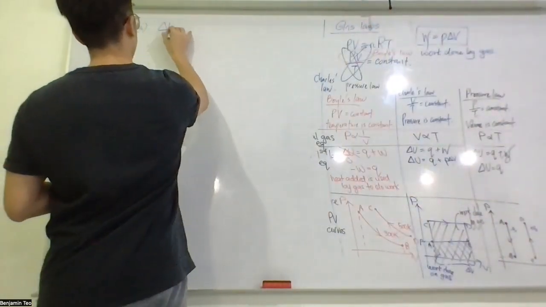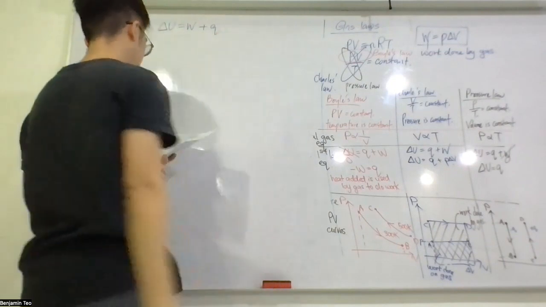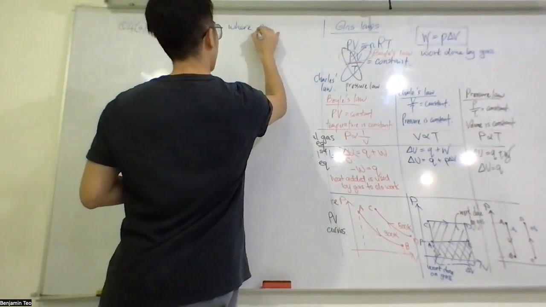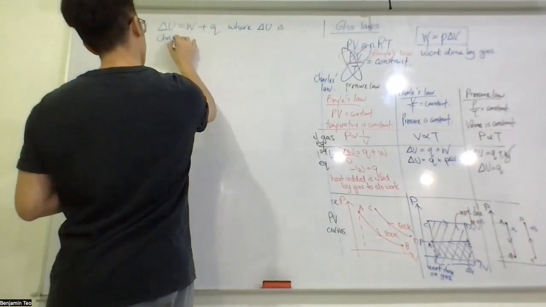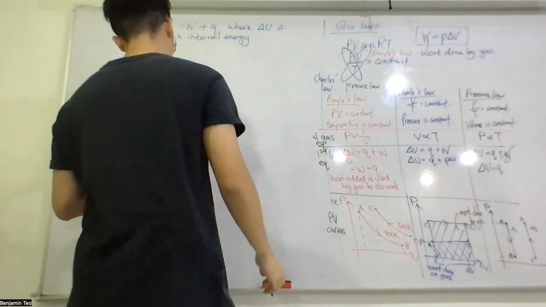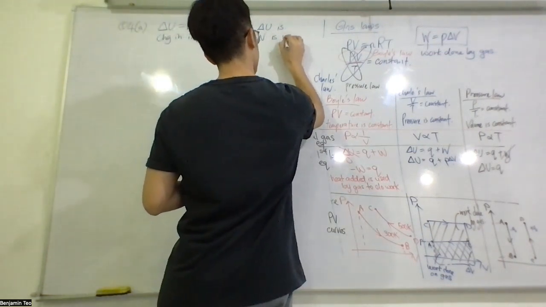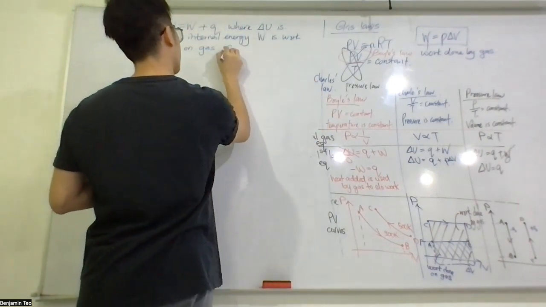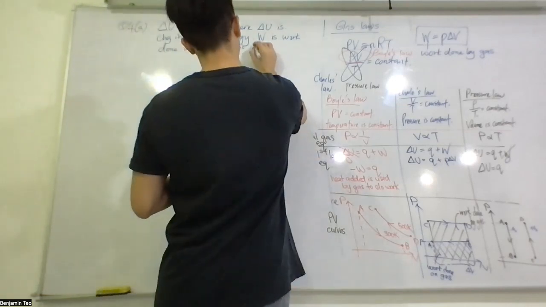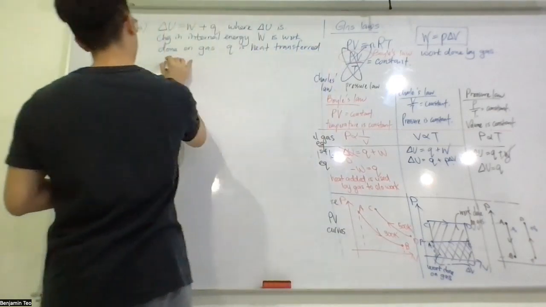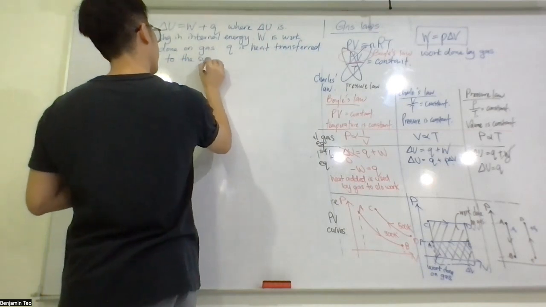Okay, so delta U equals W plus Q, where delta U is the change in internal energy, W is defined as work done on gas, and Q is heat transfer to the system.